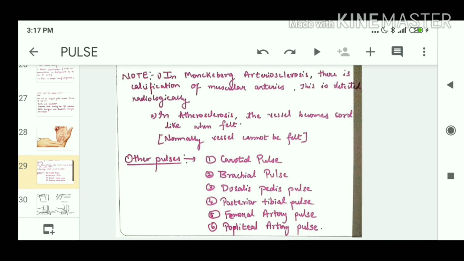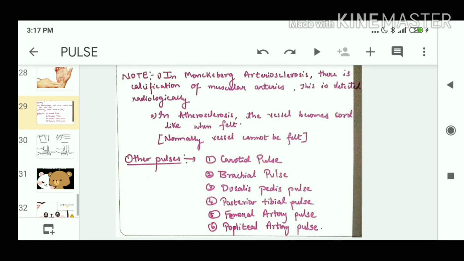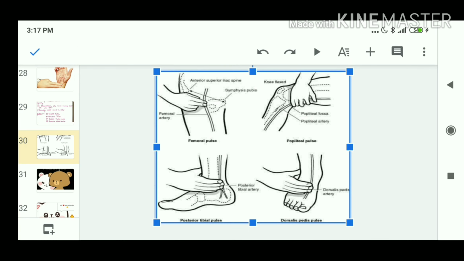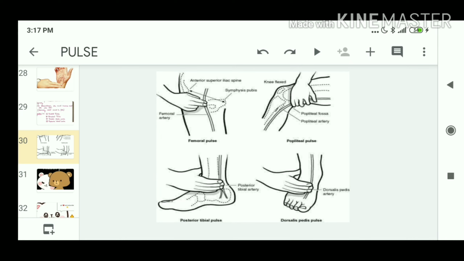So other pulses are the carotid pulse, brachial pulse, dorsalis pedis pulse, posterior tibial pulse, femoral artery pulse and popliteal artery pulse. In the next figure you can see them: femoral pulse, popliteal pulse, posterior tibial pulse, dorsalis pedis pulse.